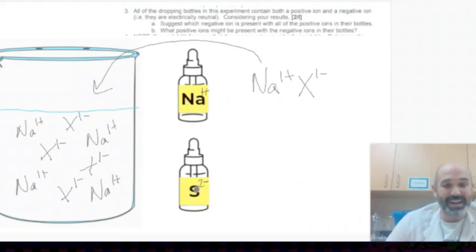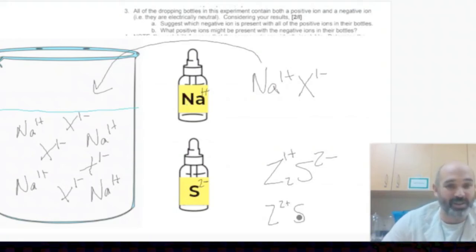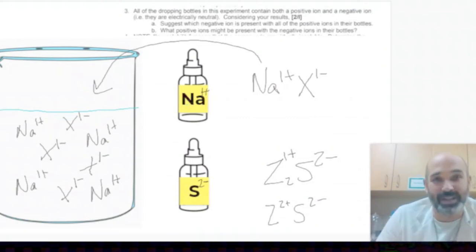Same thing goes with these anions. So I can't just have a dropper bottle that has S2- anion in it, so sulfide anions. There is some sort of ion here, let's call this Z, that's coming along for the ride as well. And we know that this has to be positively charged. If it's 1 positively charged, there has to be 2 of them. If Z is 2 positively charged, then there would just be 1 of them. But again, as I throw this into a beaker, it would dissociate or break apart into its ions as well.